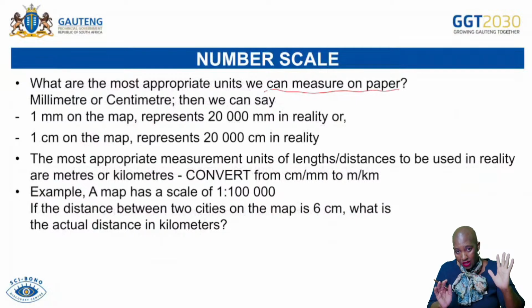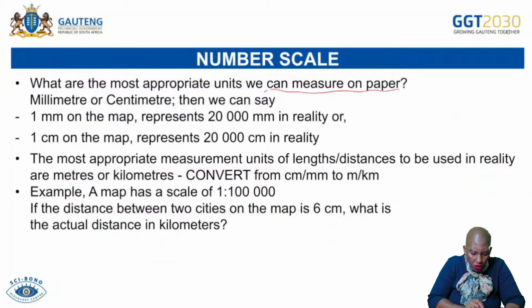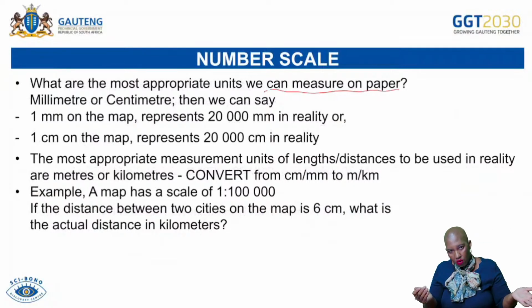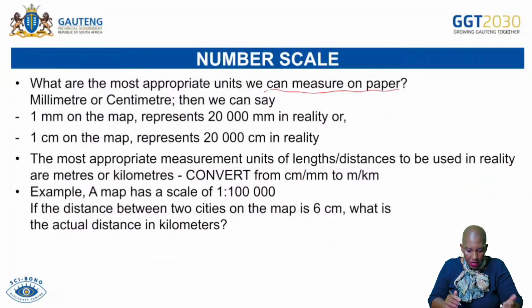Remember the ratio, when we started the pre-knowledge, I said we are working with the same units, not different units. Proportion is the one that works with different units. And then 1 centimeter on the map represents 20,000 centimeters in reality. So if we use centimeters, it will be centimeters also. If we use millimeters, it must be millimeters.